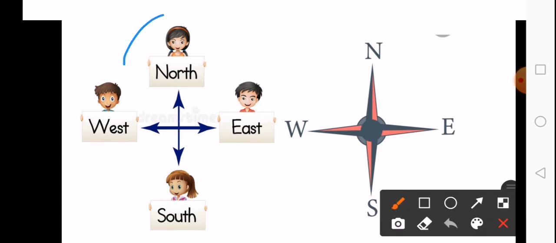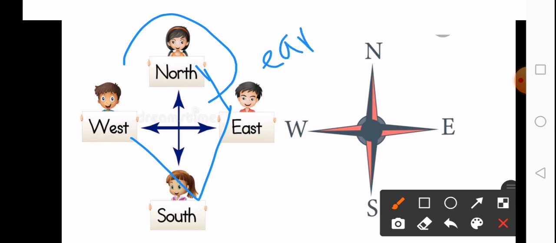So what is just north? What does north mean? North, east, south, west are the directions here, represent the places in the earth, okay?